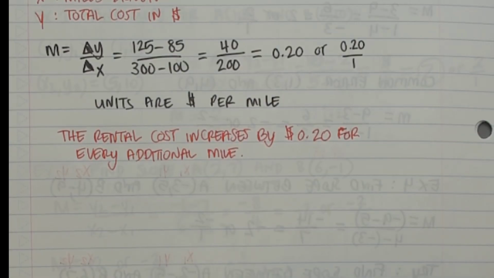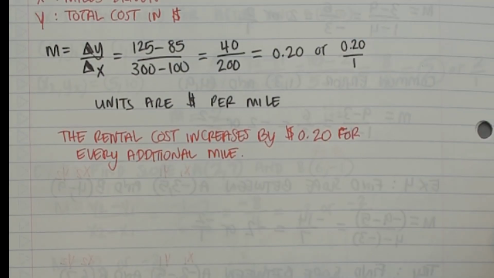So this is an important point because the slope is not merely just a number. It has applicable principles and practical things as well. So very, very important that this is understood. Slope represents a rate of change, okay?